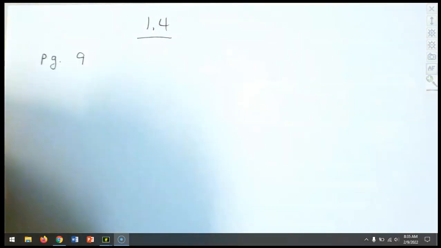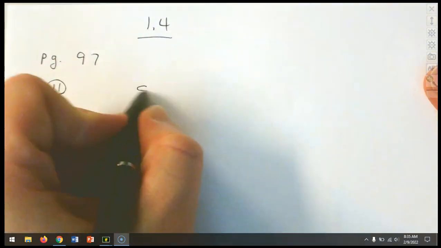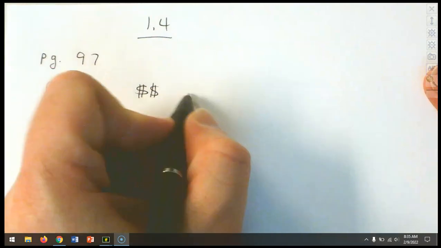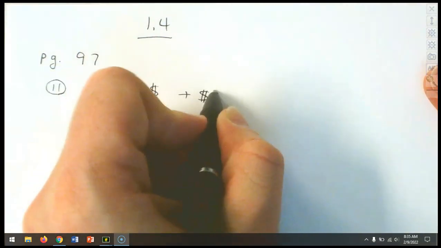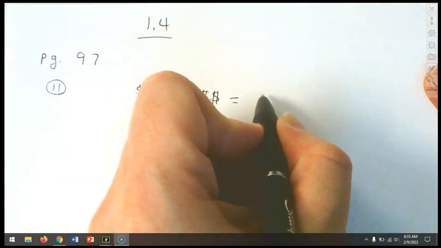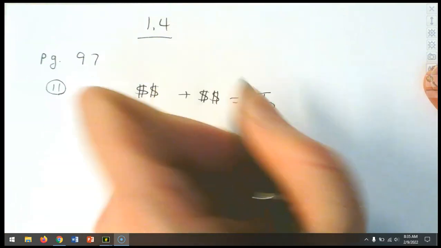Well, what we want to look at first is we want to make our picture, just like we did out of 1.3. It's really no different. And again, this is on page 97, question 11. So I'm going to use dollar signs to represent these coins. And over here, we're going to have our total coins.